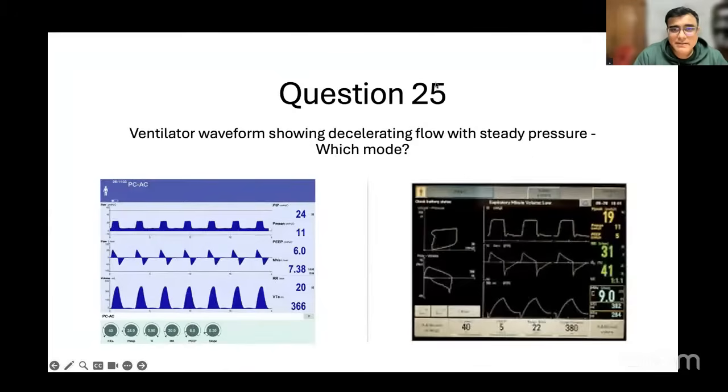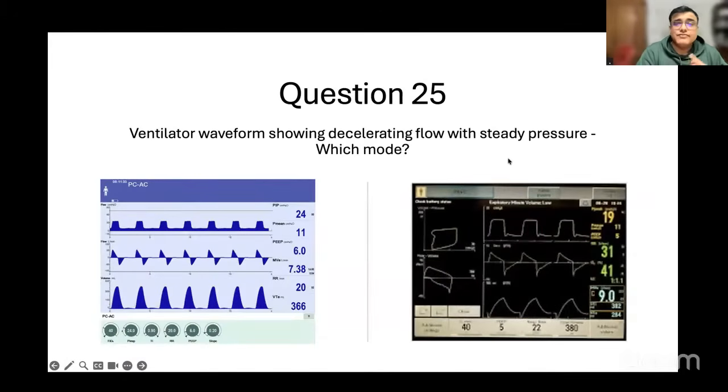So then somebody had told me that there was a question which showed a ventilator waveform showing decelerating flow with steady pressure. Now I don't know what the options were, because usually these two, PRVC and pressure control ventilation, both will have similar constant pressure with decelerating flow patterns.